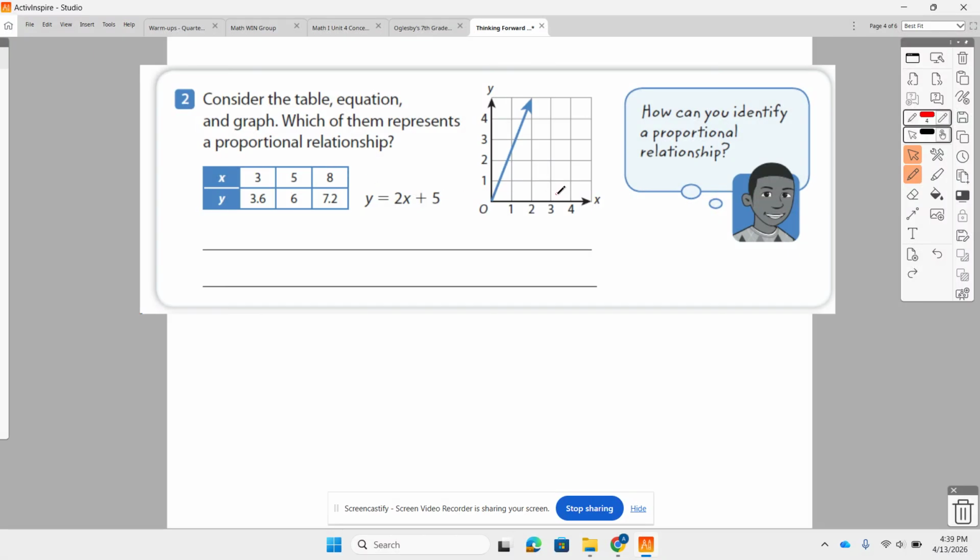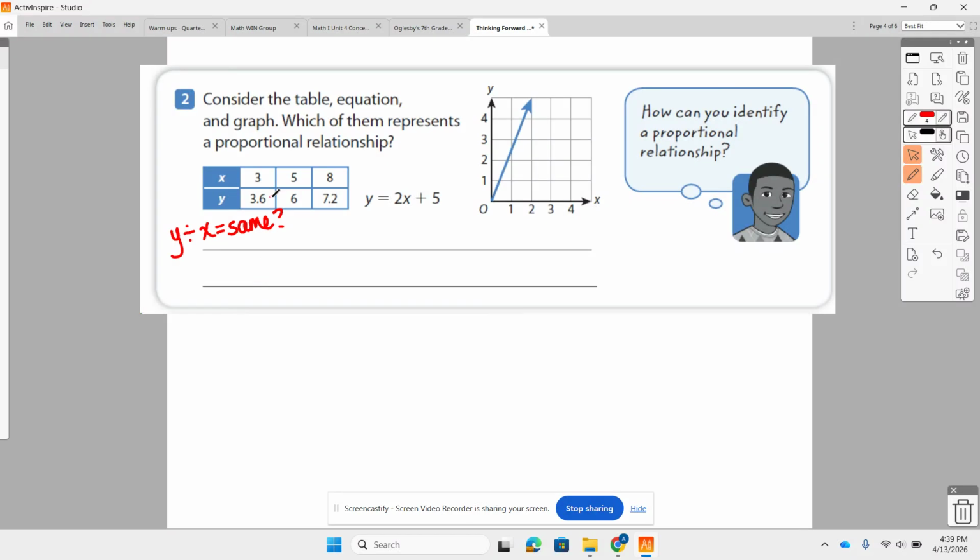So we talked about a couple of tricks. It's been months ago now. Remember, if you're given a table, you're always testing to see if y divided by x gives you the same relationship. If it does, then that means it's proportional.